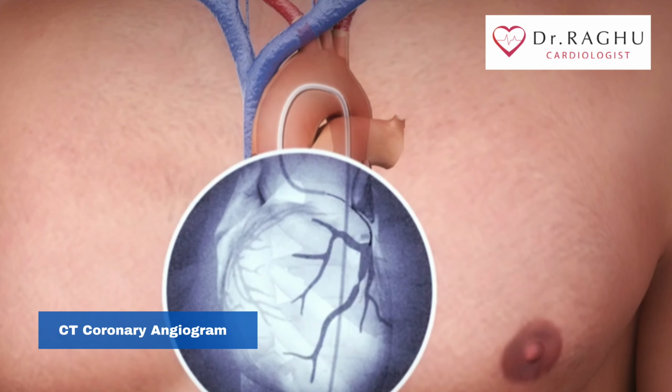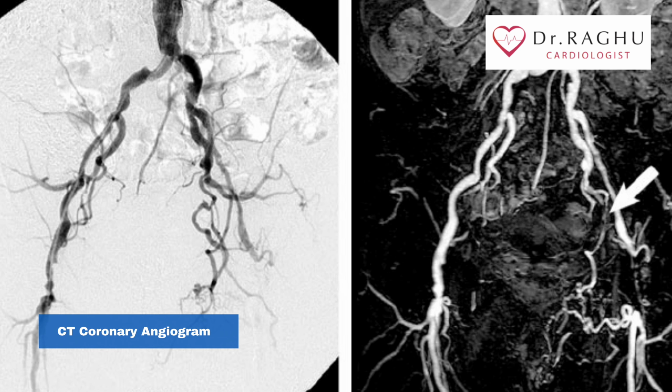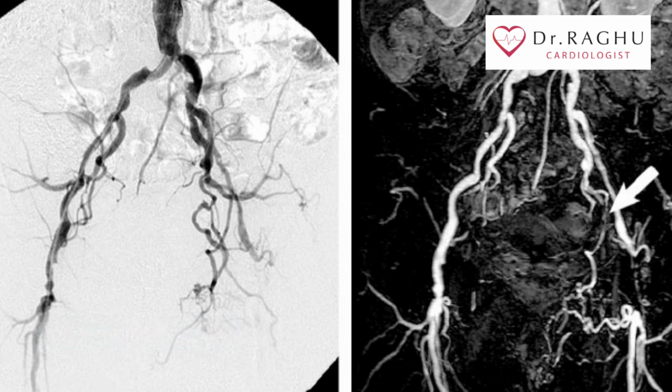CT coronary angiogram is a test done to rule out heart vessel blocks. However, if length of a block, severity and presence of blood clots have to be ascertained, then conventional angiogram is superior.